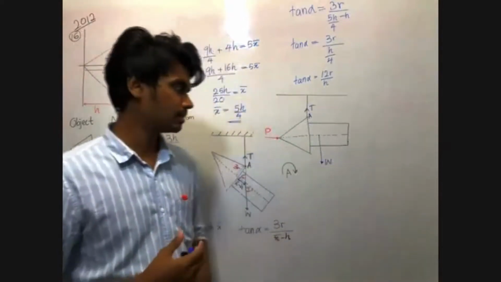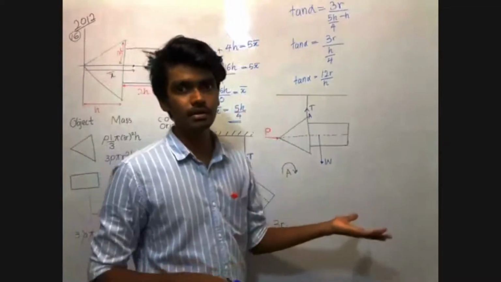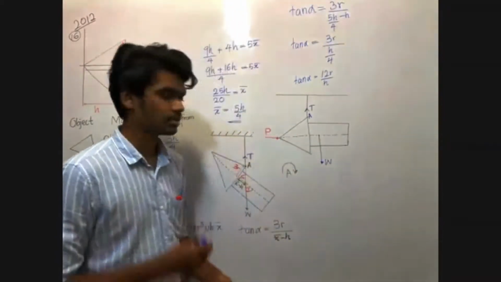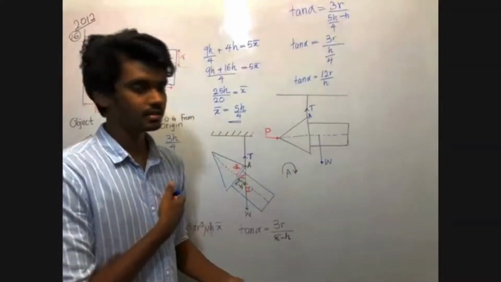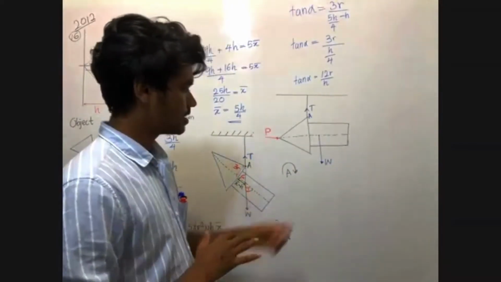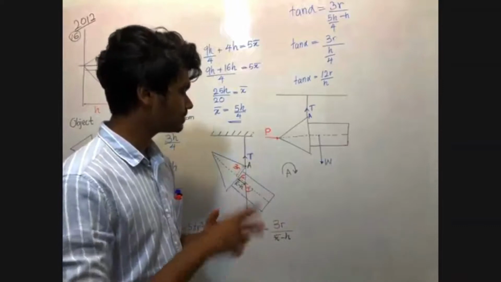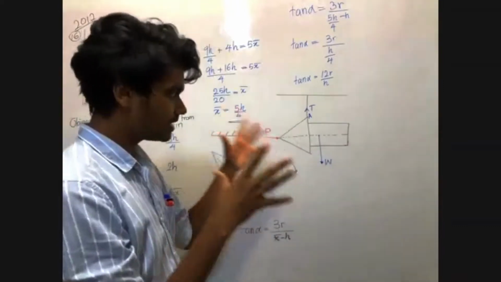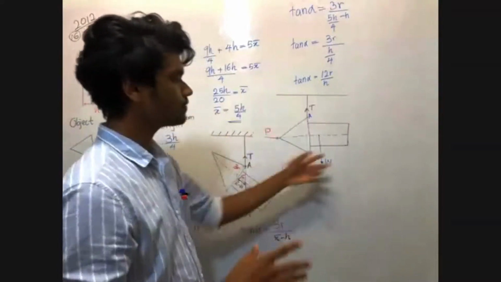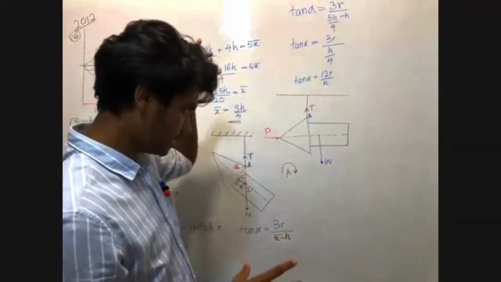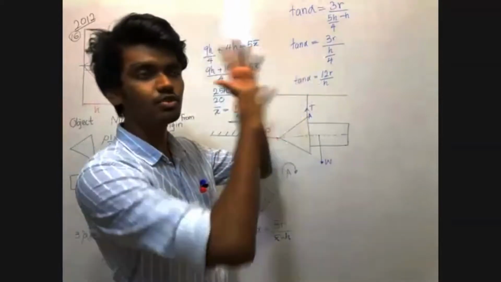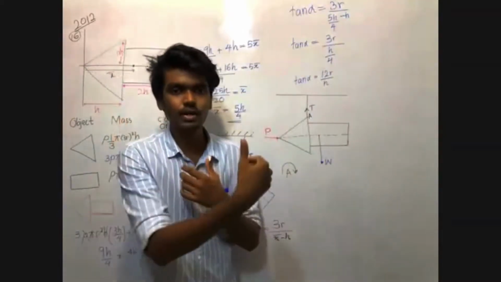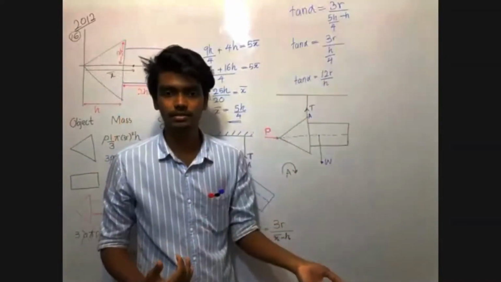If an object is in equilibrium, the moment in the clockwise direction should be equal to the moment in the anti-clockwise direction.